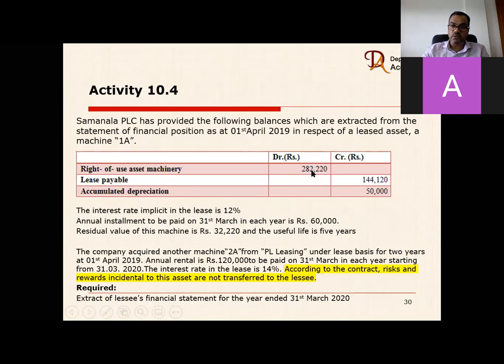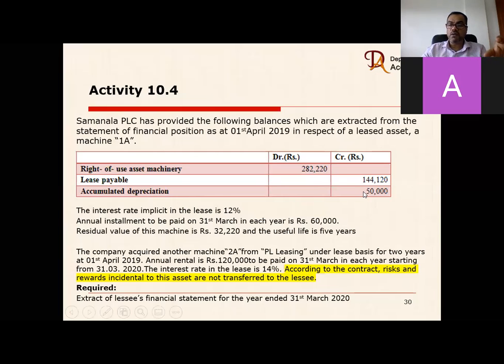That is 282. If you take the residual value out, 32,220, it becomes 250. Therefore, the depreciable amount is 250. Those are the things you should quickly do when you read a question, before attempting it. Then, once you deduct it, the depreciable amount is 250, and you can check that depreciable amount against the depreciation.